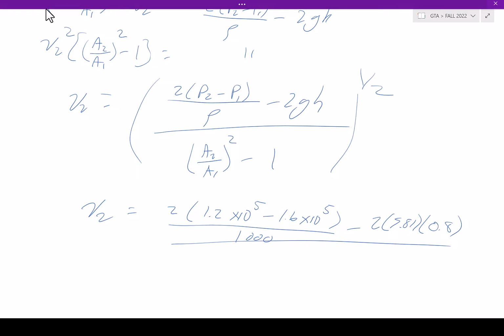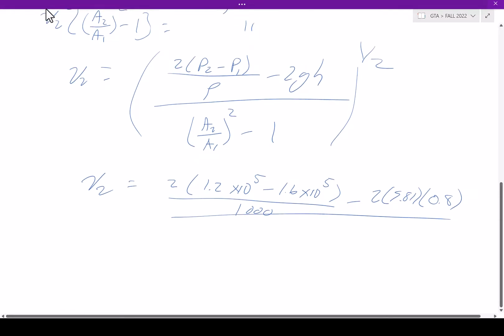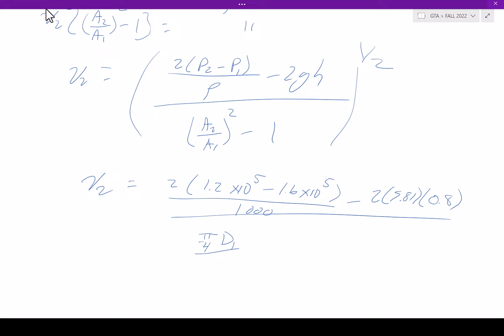All that over the ratio of the areas, which is going to be related to the diameter squared, because you can just say pi over 4 diameter 1 squared. That's the area of the top one, area 1. Area 2 is going to be the exact same, but with diameter 2 squared.